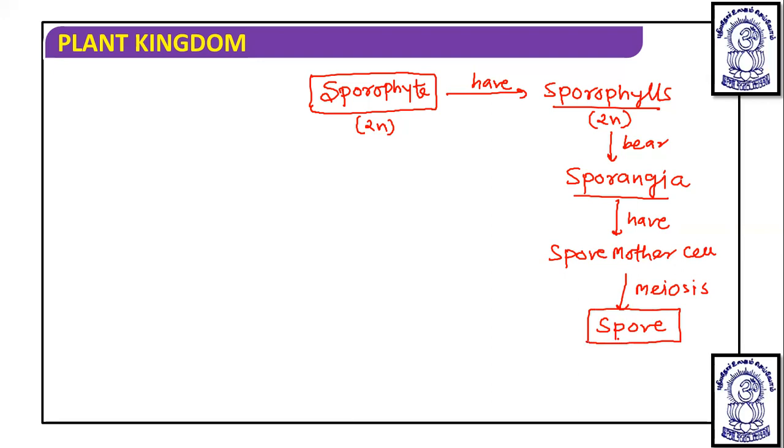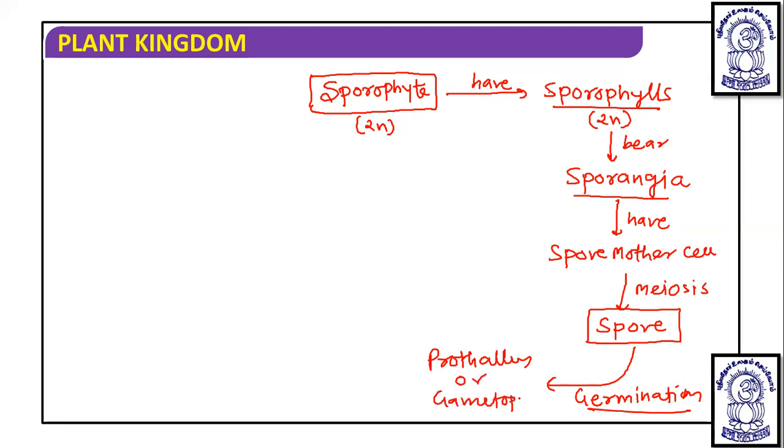Now this spore on germination produces a gametophytic body and forms the prothallus or gametophyte, because the gametophyte is known as prothallus in the case of pteridophytes. Now this gametophyte or prothallus bears a male sex organ and a female sex organ.